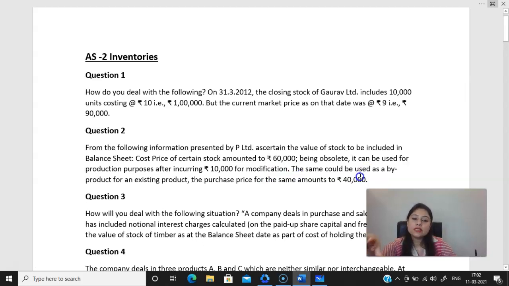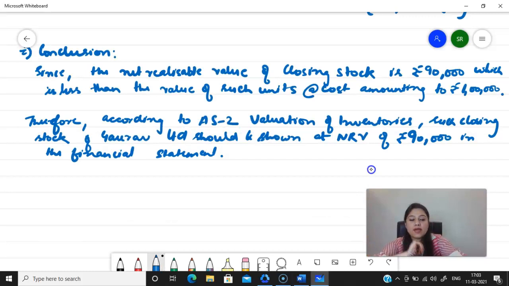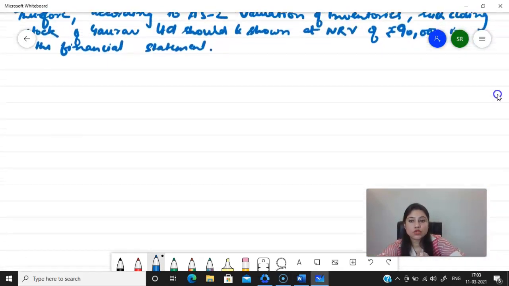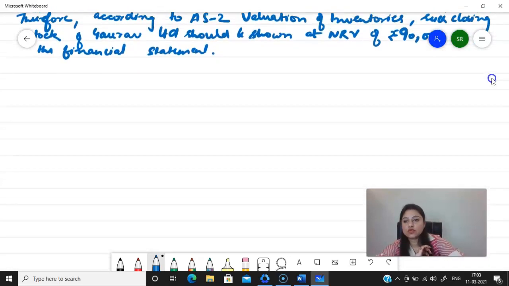And further, this particular product after modification will be used as a byproduct for a particular existing product. The purchase price of the same will amount to rupees 40,000. So this is the another option with which, on exercise of such option, the stock can be put to use. So let us ascertain the value of such stock, and what should be the value of such stock in the books of accounts.